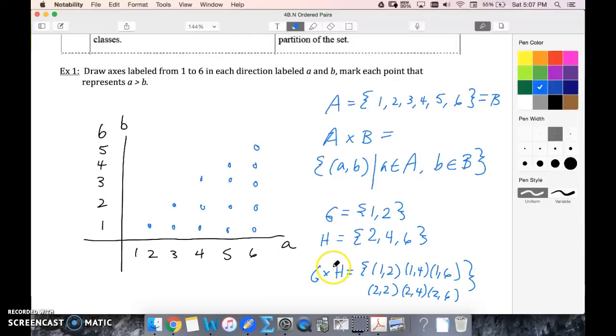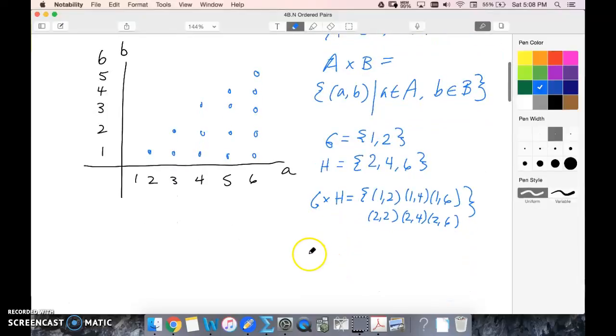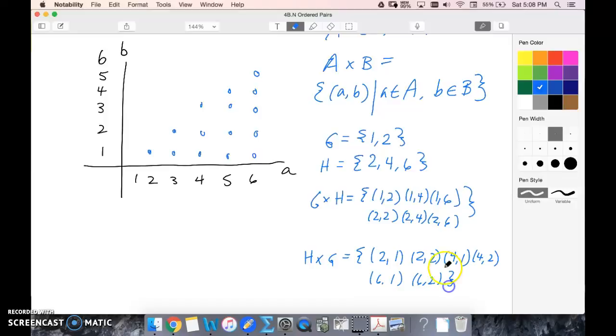But H cross G would be different. So H cross G would be (2,1), (2,2), (4,1), (4,2), (6,1), (6,2). So both of these Cartesian products have 6 points, but they're 6 different points.